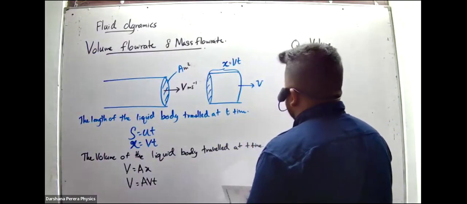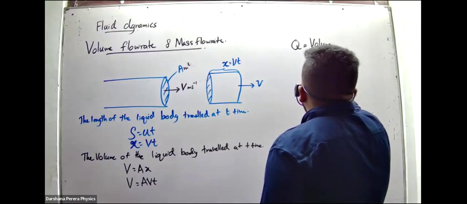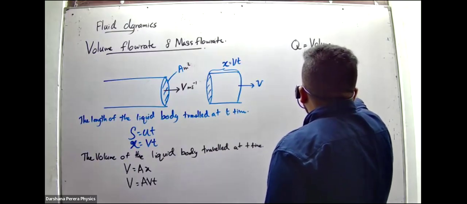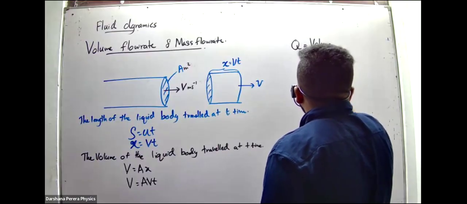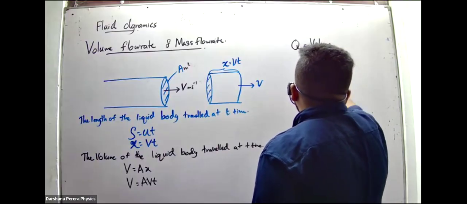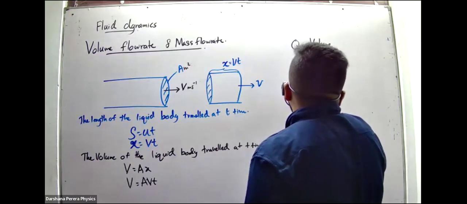So the volume equals what? A v t, where v means velocity. Velocity over time t, t to t cancel out. Q equals A v.